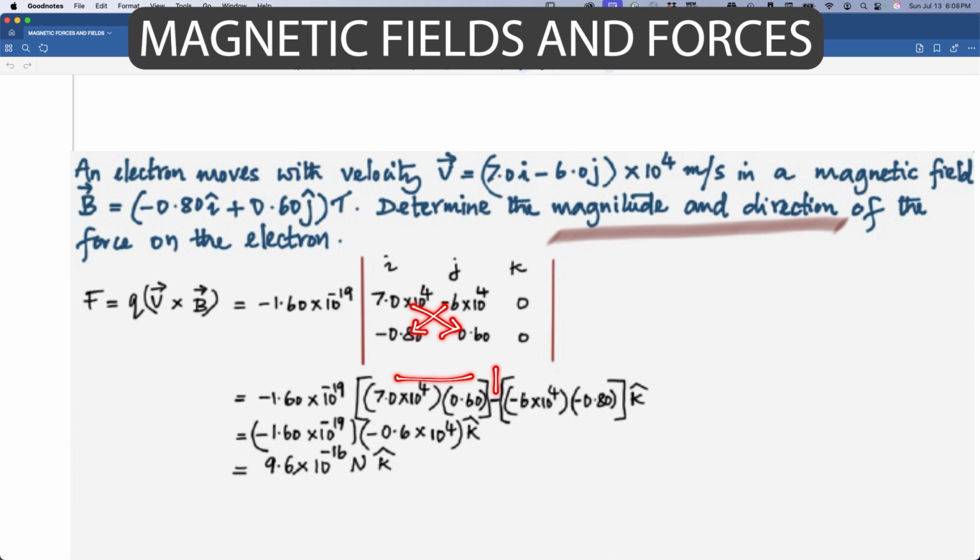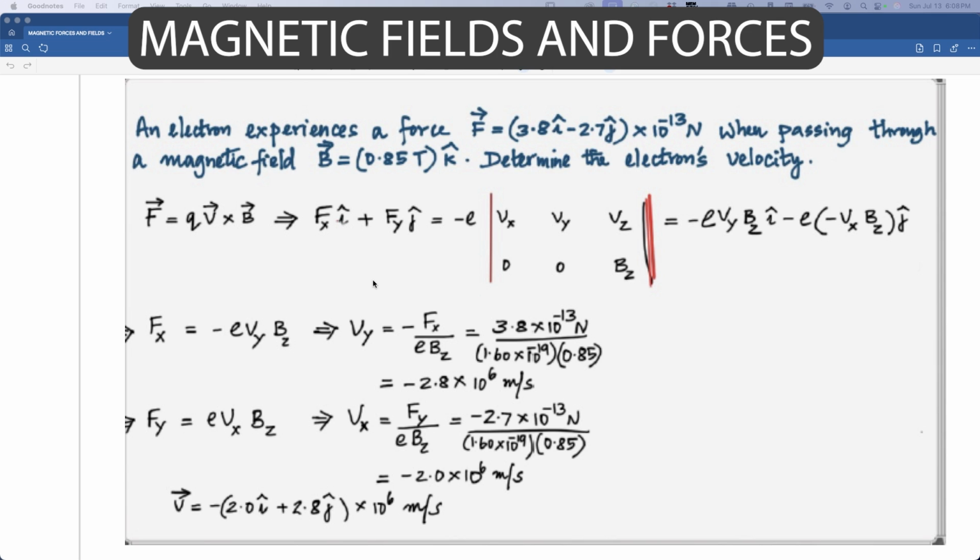You see the minus there, and then I have it done. And then do the math, and finally you will get the answer. Once you get this multiplied with this, of course, you get the answer as so many newtons along the k unit vector, or k cap.